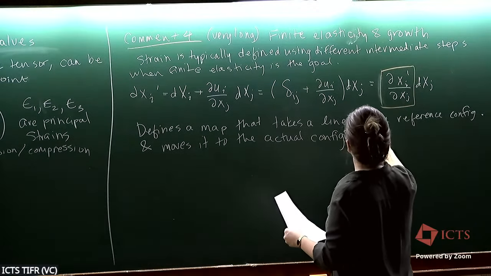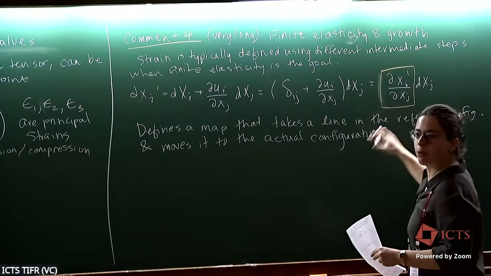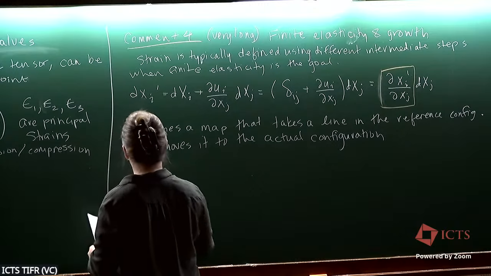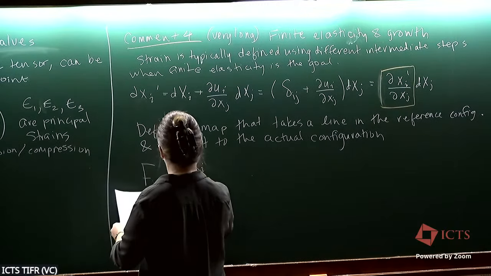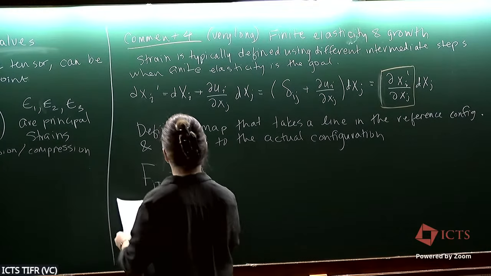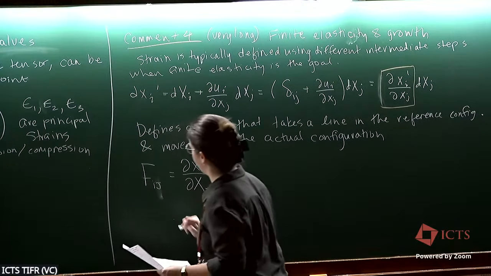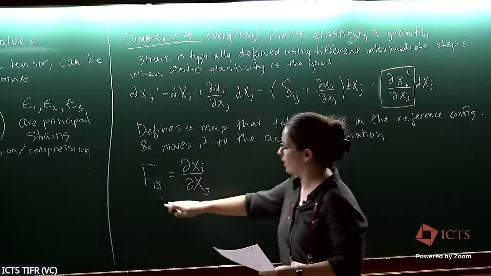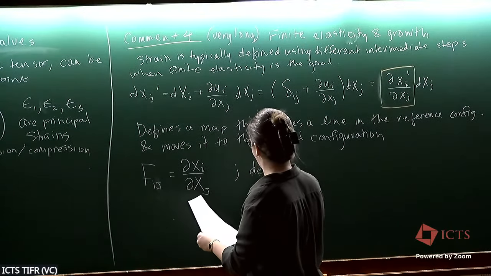The purpose of doing this rewriting is so that we write this map in a more concise form. We're going to call that map Fij dxj. I'm now switching between communities, so I'm switching nomenclature. It's not typical to leave the primes on it when you're defining this in terms of this quantity, which is called the deformation gradient tensor.